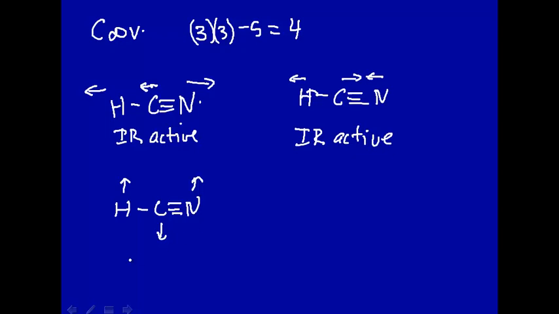And this may be easy to see. You have a linear molecule with a dipole, but if these two go up and that goes down, then your dipole will change. So as the vibration occurs, you have a fluctuating dipole. So this would be IR active. And recall that this is degenerate. So even though you have 4 normal modes, 1, 2, 3, you only have 3 peaks in the IR spectrum.